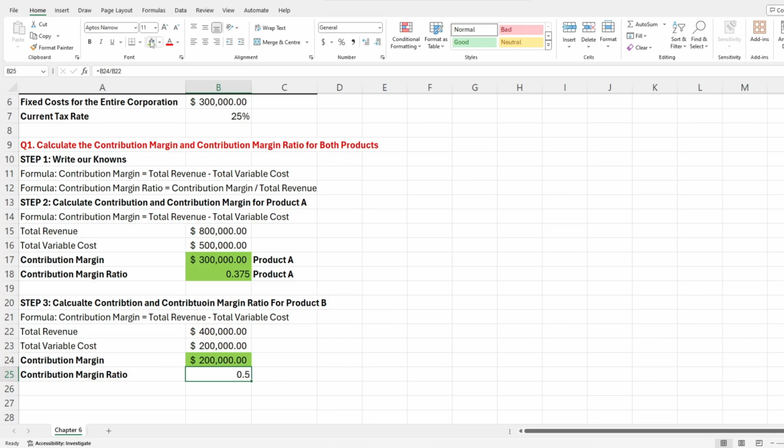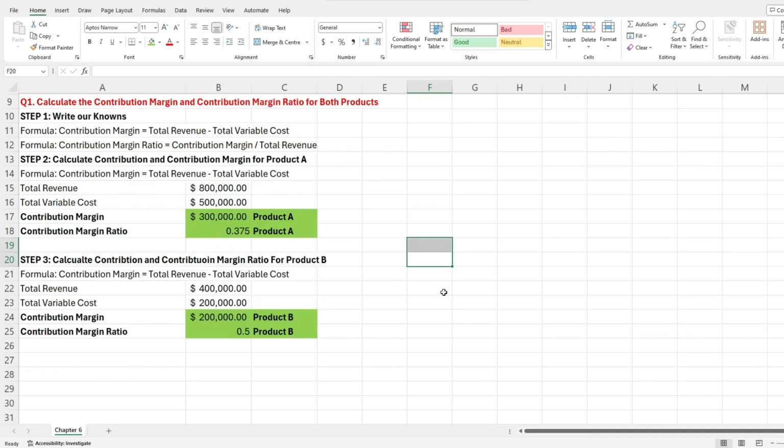So 0.5. This is for product B. All right, so put these highlighted as well. So that's the answer for question 1. Calculate the contribution margin and contribution margin ratio. So now we'll go on to question 2.